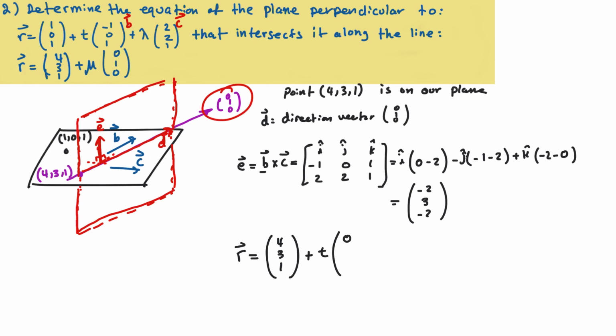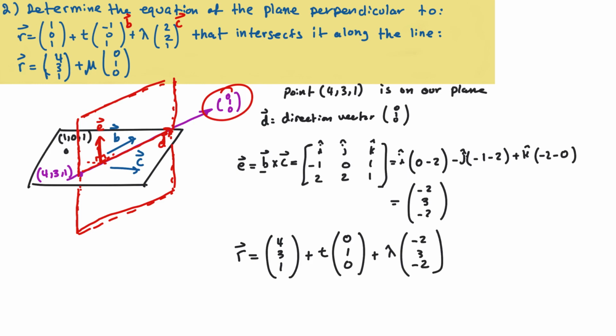That's going to be 0, 1, 0. Again, that's this one over here. And we're going to add that to another parameter, lambda, multiplied by this one, E, which we just found here, and that's going to equal -2, 3, -2.